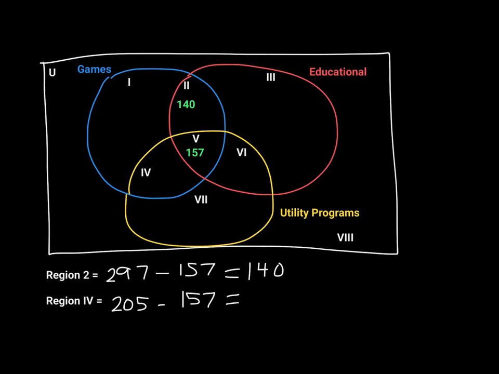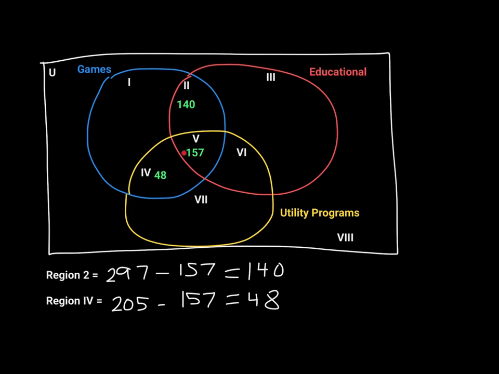So 205 total minus 157 is 48. That means we have 48 customers in Region 4 that purchased games and utility programs only.